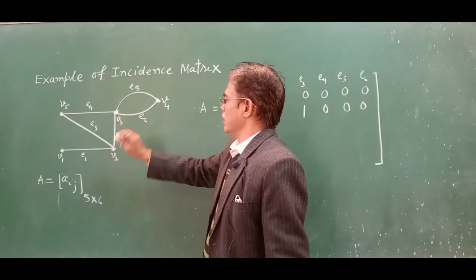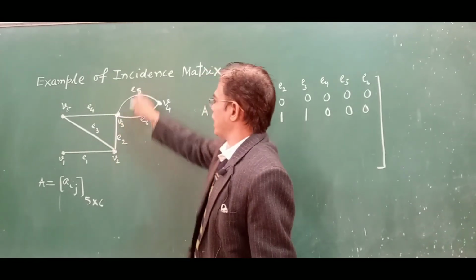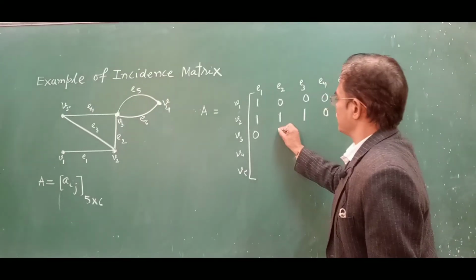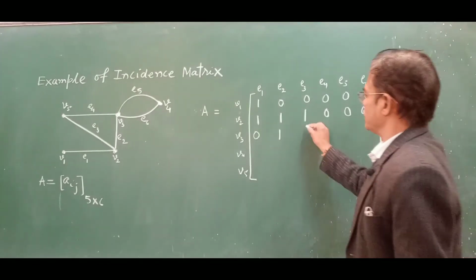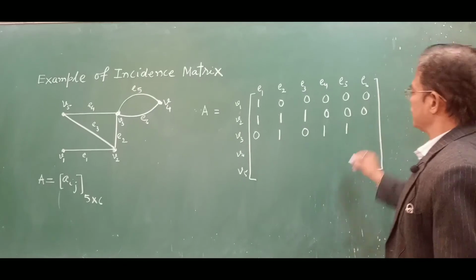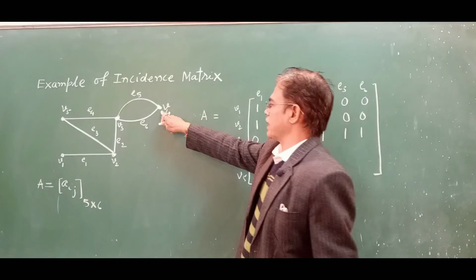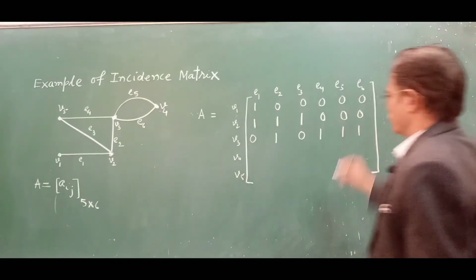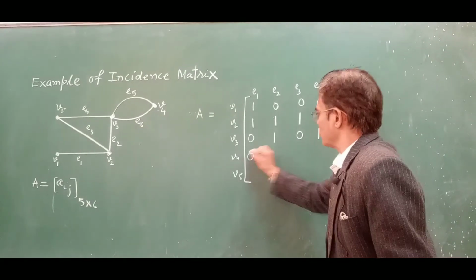V3 is connected with E2, E4, E5, E6, meaning V3 E1 is 0, V3 E2 is 1, V3 E3 is 0, V3 E4 is 1, V3 E5 is 1, V3 E6 is 1. Now V4. V4 is connected only with E5 and E6, and the remaining values are 0.